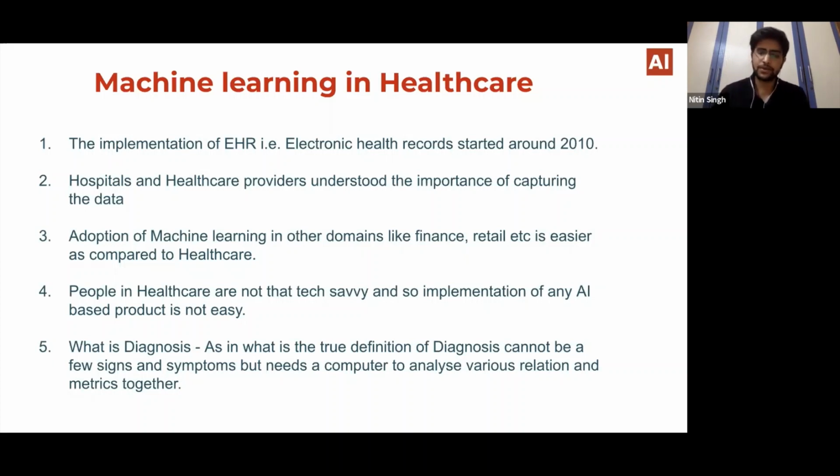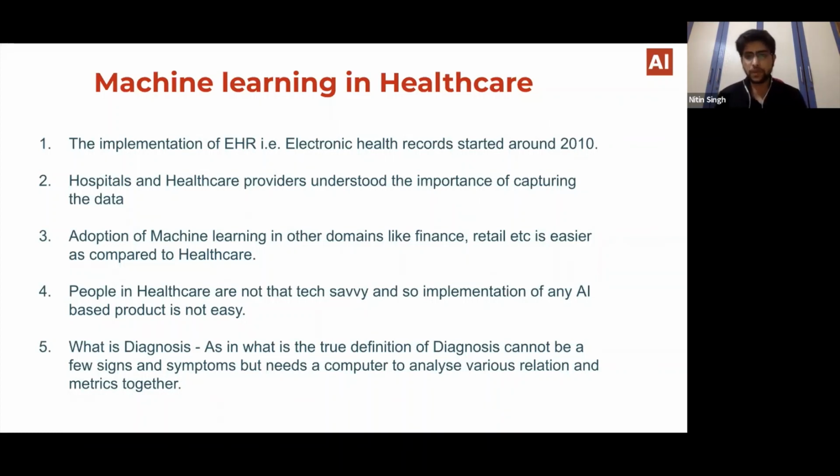The user is a doctor, maybe a renowned physician or a well-educated person, and you're trying to challenge that person with your AI insights. So adoption in healthcare is really very difficult and not that easy.